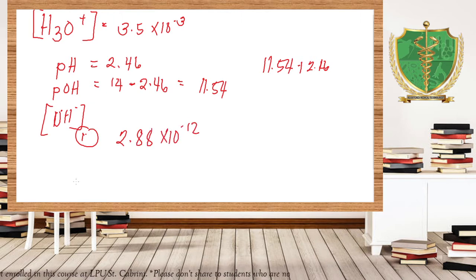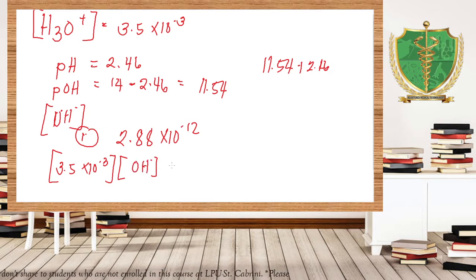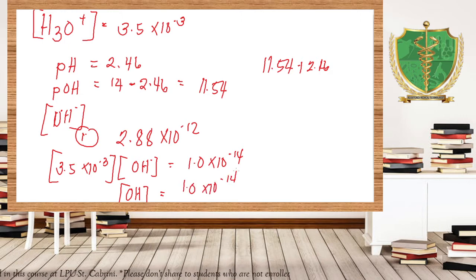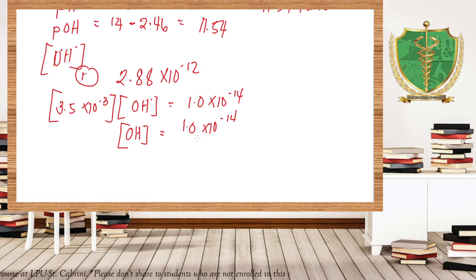Or if you want, we can compute it this way. So 3.5 times 10 raised to negative 3 times OH equals to 1.0 times 10 raised to negative 14. Divide both sides, so OH is 1.0 times 10 raised to negative 14 over 3.5 times 10 raised to negative 3.